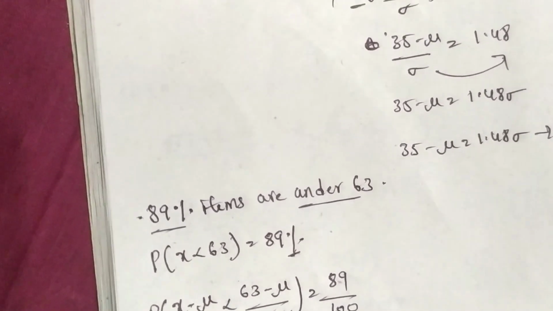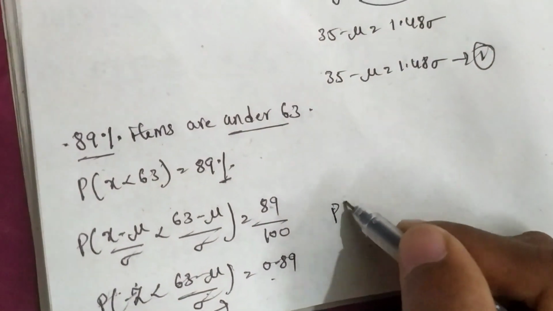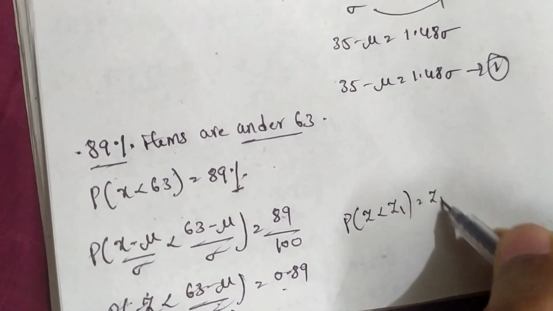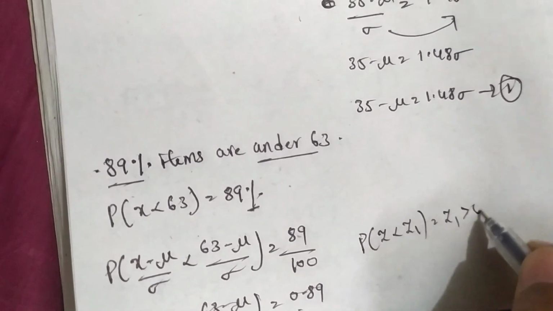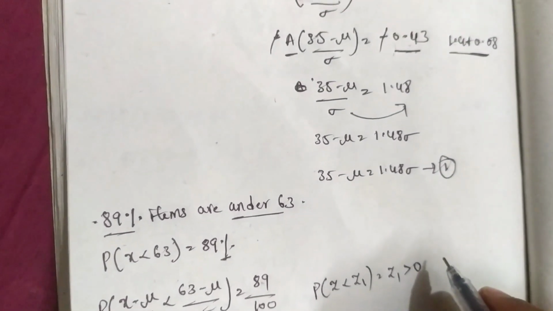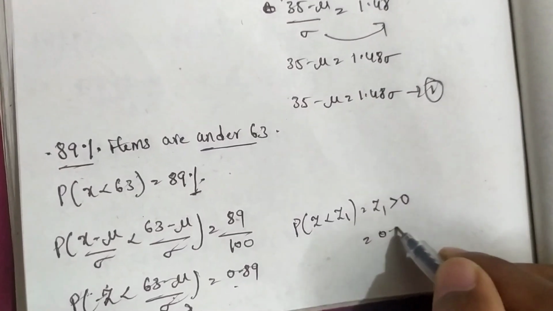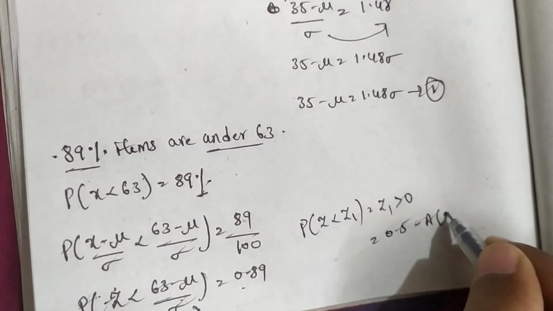It is in the form of P of z less than z1, where z1 is greater than 0. We have the formula 0.5 plus A of z1.